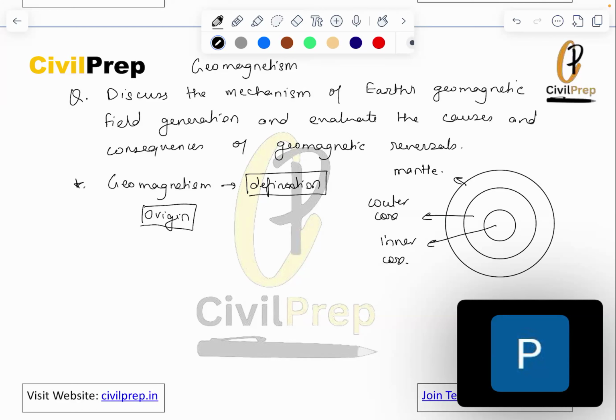The outer core is basically liquid in nature, and the inner core is solid in nature. Besides this, we have a three-layered structure: the outer core, the inner core, and the mantle layer.